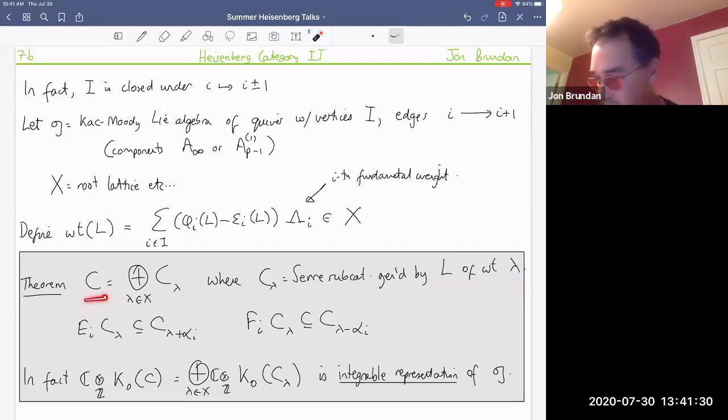Then the category C decomposes into blocks as the direct sum of all these C lambdas. Moreover, the functor E_i sends the subcategory C lambda into C lambda plus alpha_i, and F_i sends C lambda into C lambda minus alpha_i. Okay, so you're starting to see Kac-Moody action and understand the notation here.